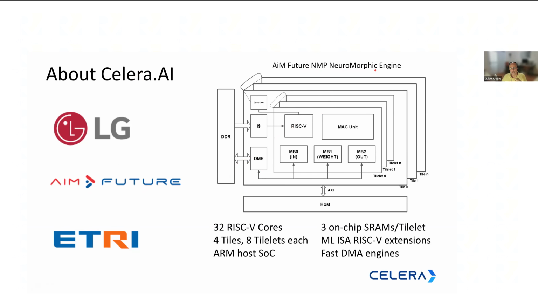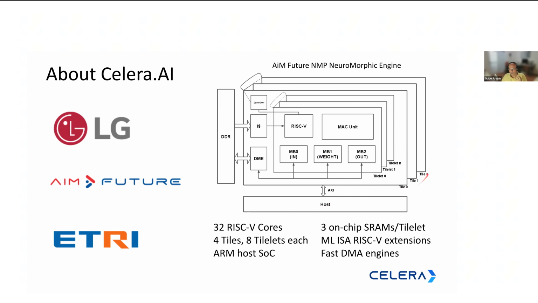What is this engine? It's actually a very neat design. It has 32 RISC-V based cores. These cores are divided into clusters, and these clusters are organized into larger clusters. How does it work?